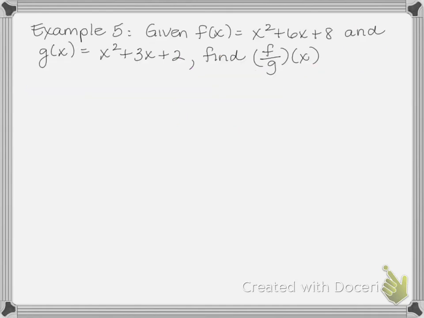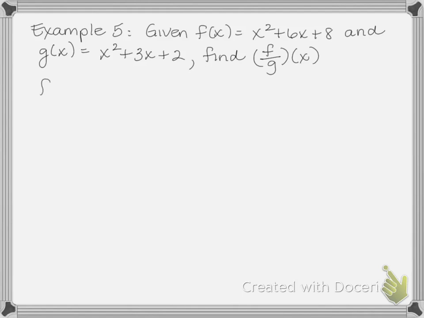And lastly, we move on to division. So example number 5 says that the f of x is x squared plus 6x plus 8, and g of x is x squared plus 3x plus 2. Find f over g of x. So let's do that. Alrighty. Let's go back to black.